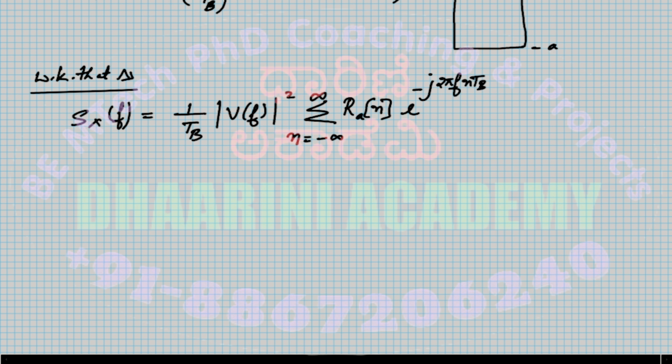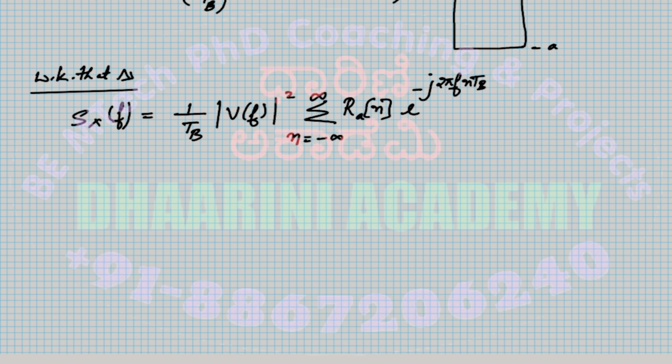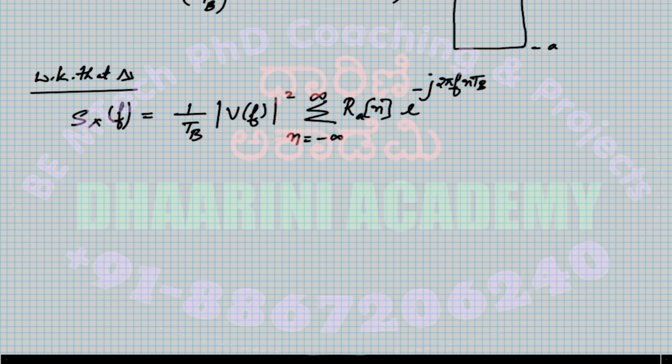I hope you remember this equation. This is the standard equation of the power spectral density for a binary sequence whose autocorrelation is RA of n and whose spectrum is V of f.